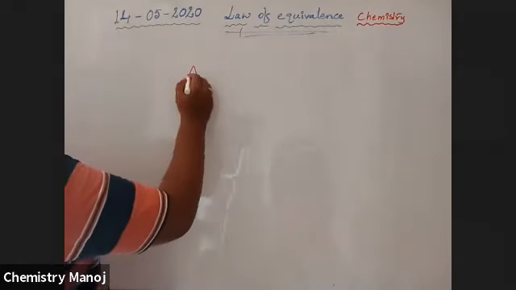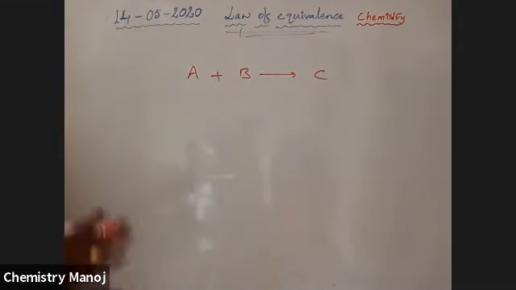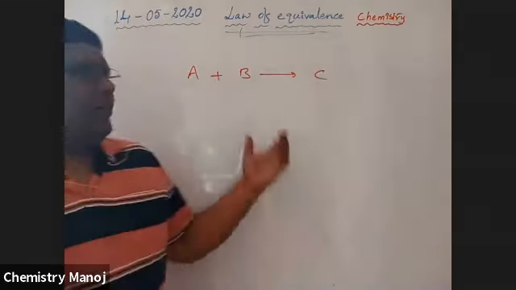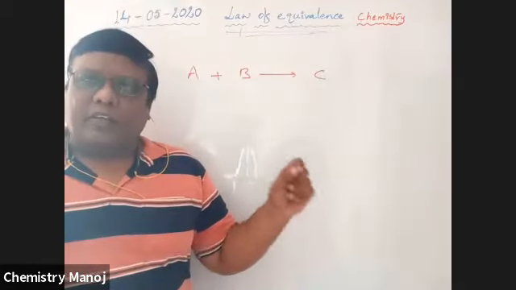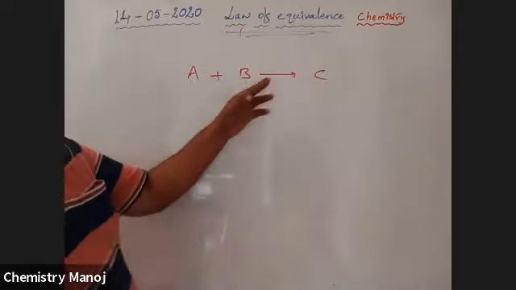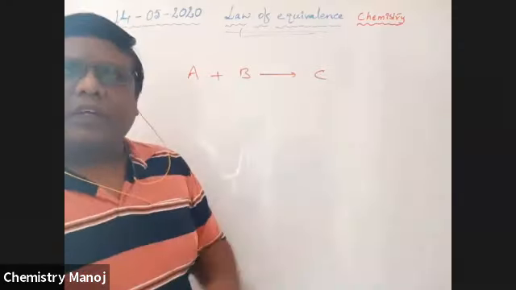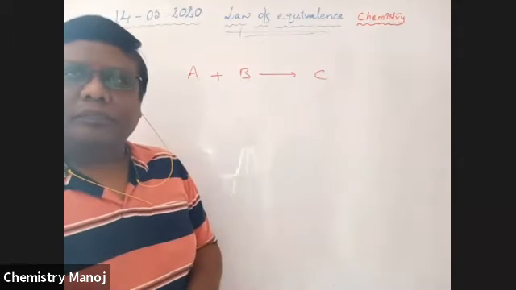Let it be A plus B gives C. I don't give the statement for that one. Later, after completion of the explanation, I will give the statement. A reacts with B that gives C. It may be either balanced or unbalanced, whatever it may be.